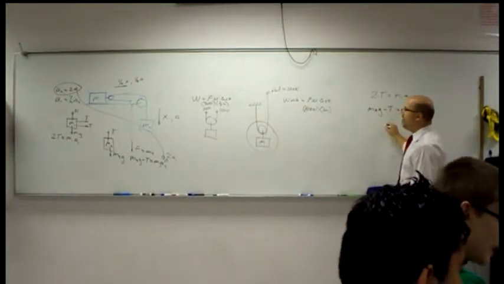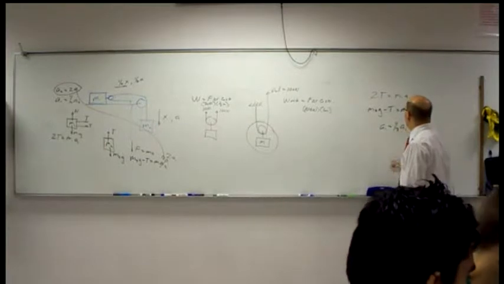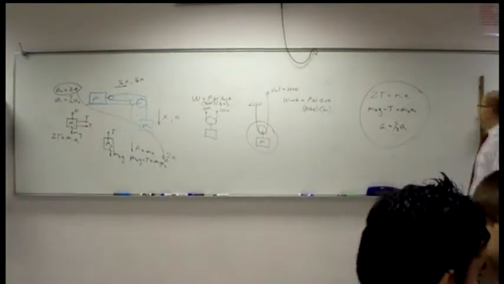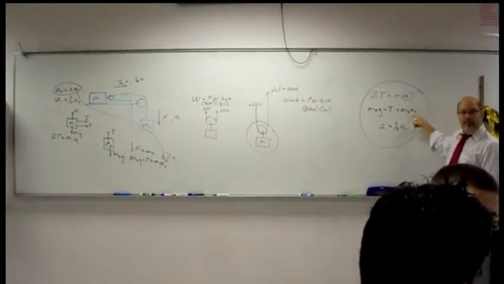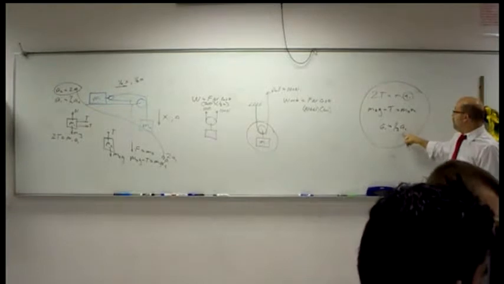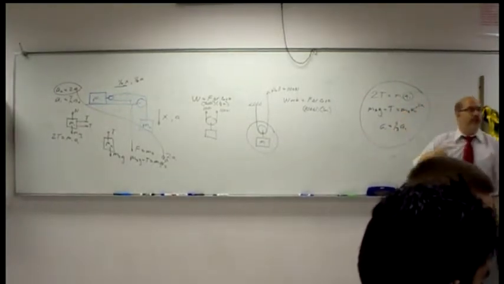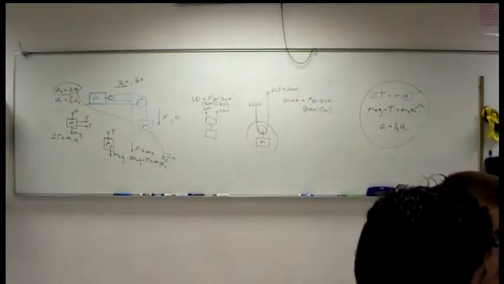And then we have that A1 equals 1/2 A2. Three equations and three unknowns. And since you're looking for A1, you want to get rid of A2. So A2 is equal to 2A1. And then you have two equations and two unknowns that you can solve. Got it?